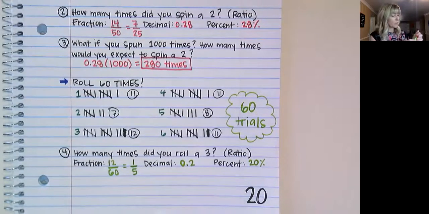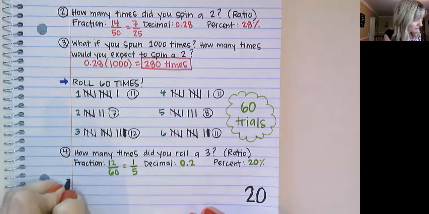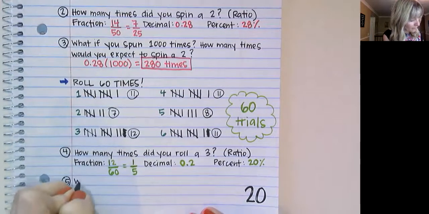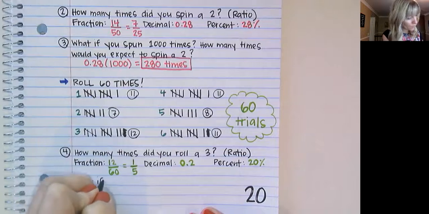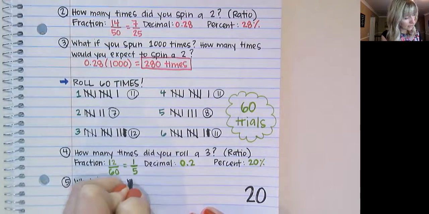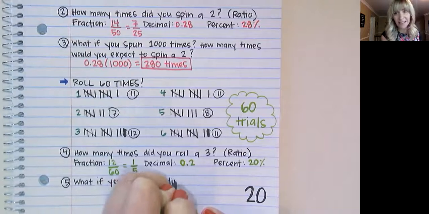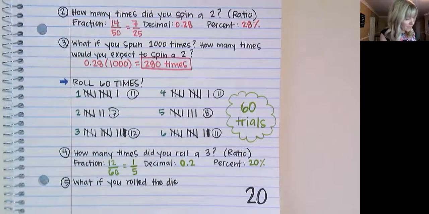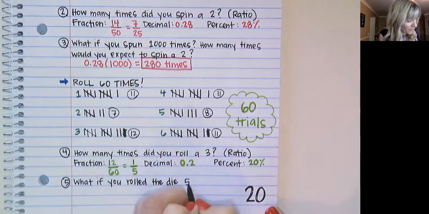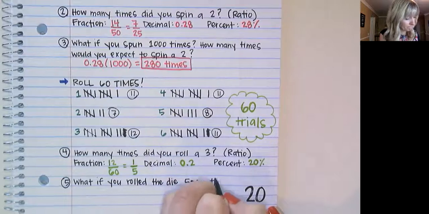Okay, so we can then use that idea, just last question here. I'm going to write number 5. What if you rolled the die, and again, I don't want to do it, 60 times was enough, but what if you rolled the die, I don't know, 5,000 times?